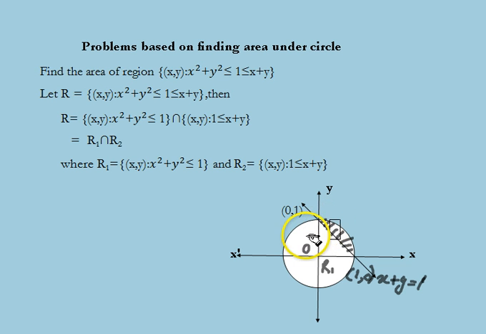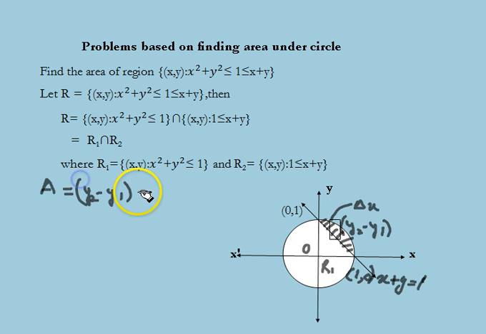So the approximating rectangle is as shown, and its length is y2 minus y1 and its width is delta x. Therefore the area of this approximating rectangle is (y2 minus y1) times delta x.